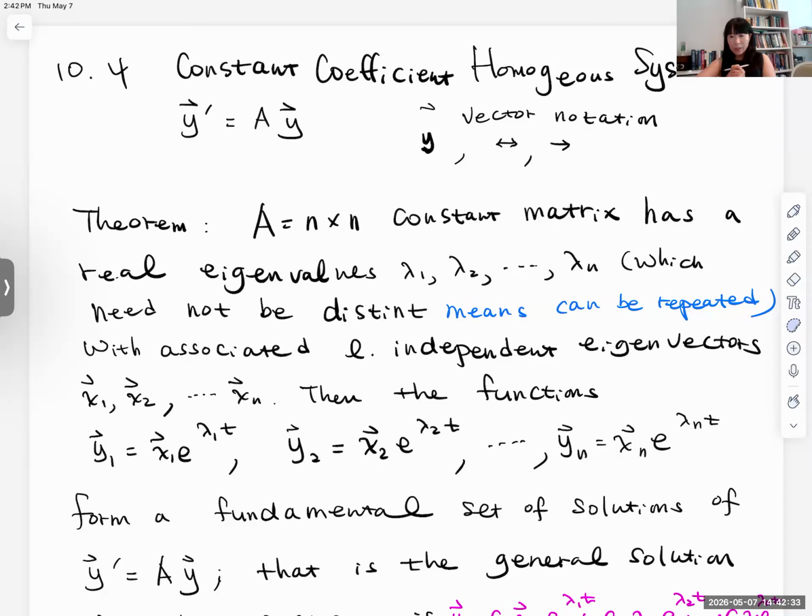Okay, so we have y prime, and we have a little notation here. This is a vector notation. So y prime equal to A, and there's another vector notation.